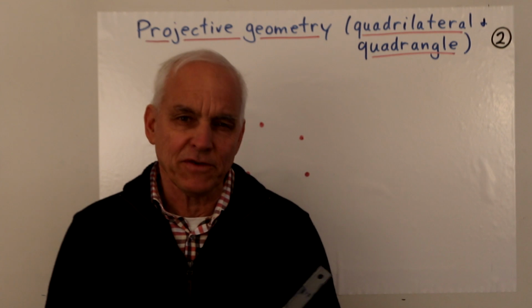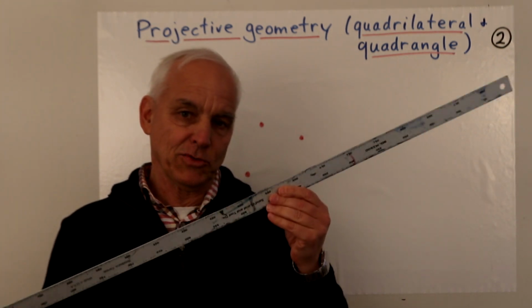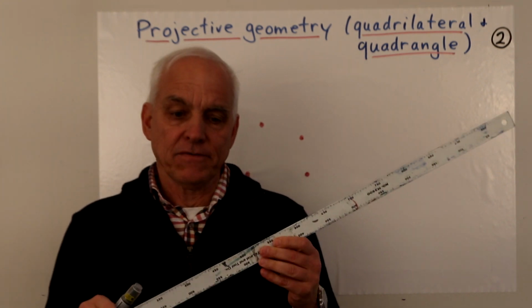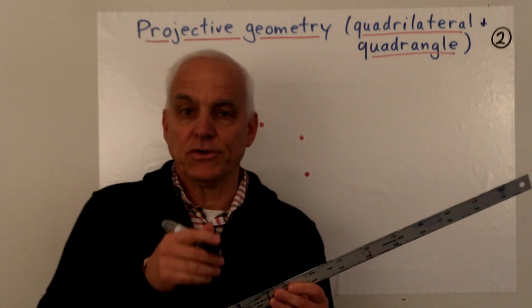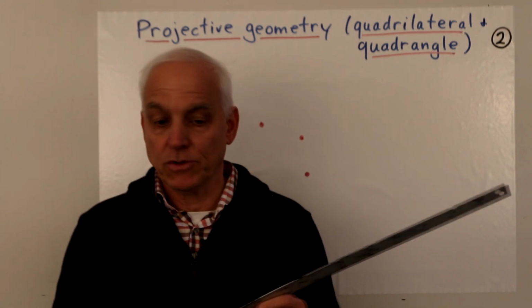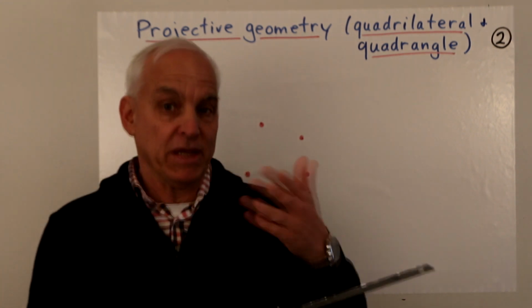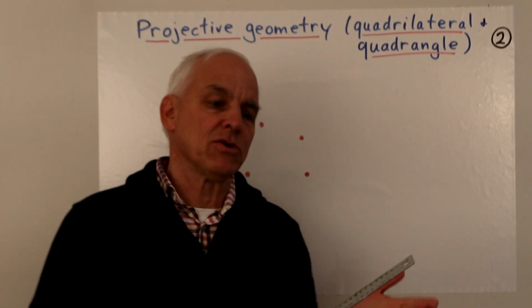In some sense, projective geometry is a very elementary kind of subject because it really only deals with a straight edge, not a ruler, just a straight edge, and various incidences that we can obtain by drawing lines and their intersections to create points. So in the plane, the only ingredients are really points and lines to begin with, at least. The subject goes back in some sense to the ancient Greeks.